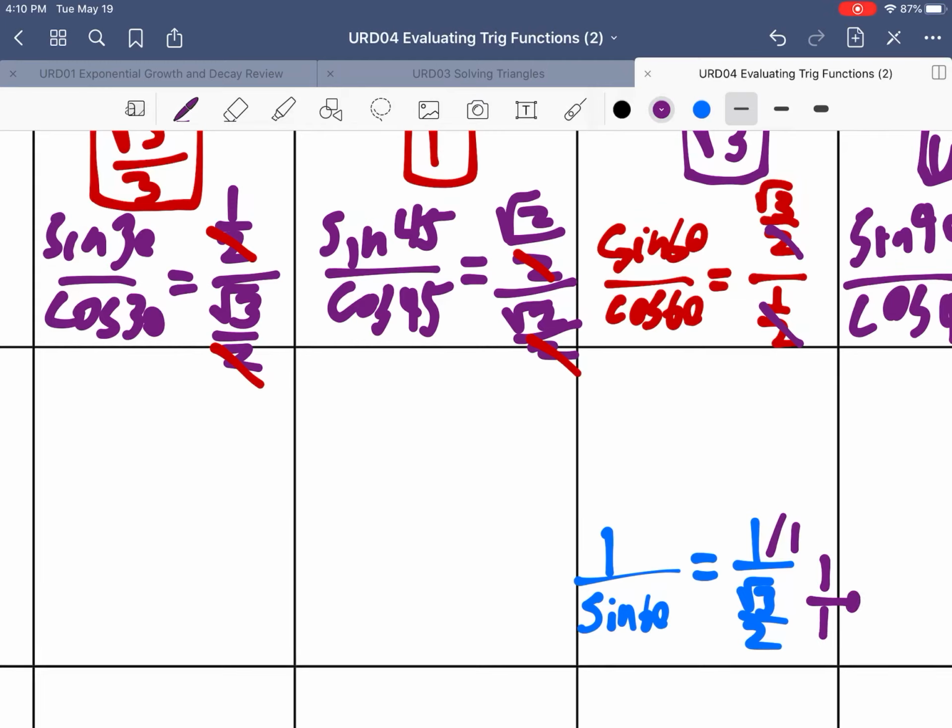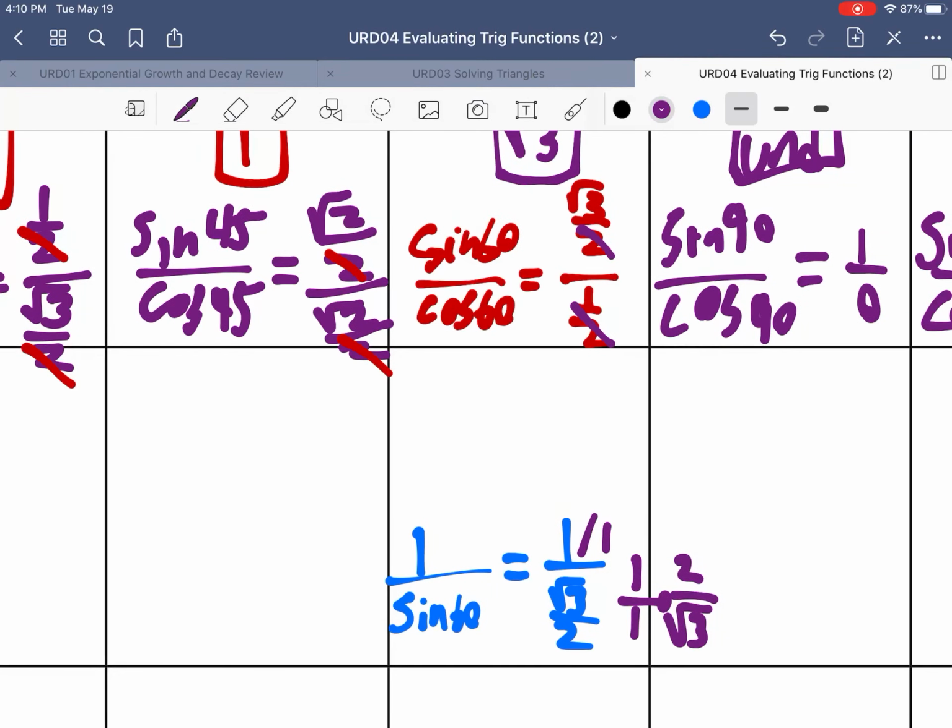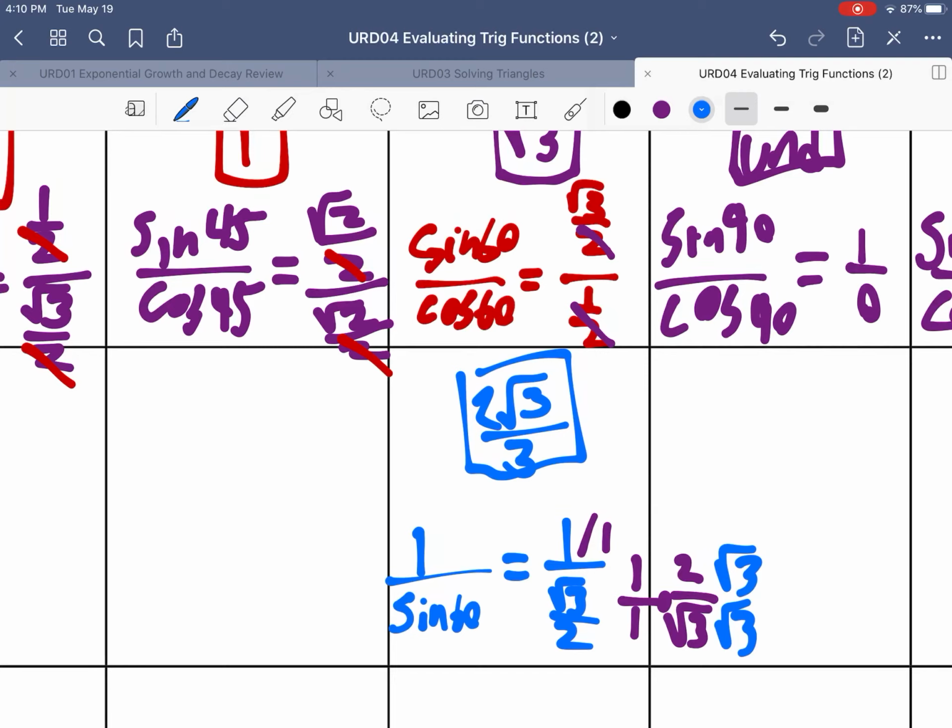So this is going to be over 1. That's the same thing as 1 over 1 times 2 over radical 3, which is going to become just 2 over radical 3, but we need to rationalize the denominator. So that's going to become 2 radical 3 over 3.